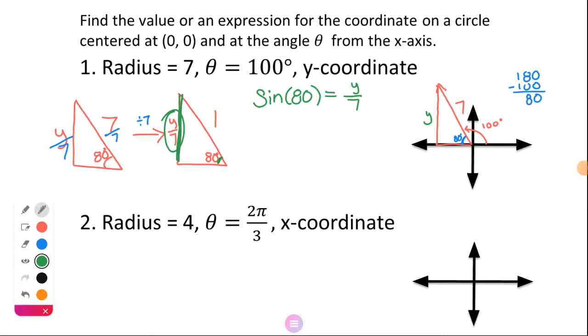Since we are solving for y, we need to get y by itself. To get rid of the 7, which is being divided, we're going to do the inverse and multiply by 7. So we end up with 7 times sine of 80 is equal to y. Now we've solved for y.